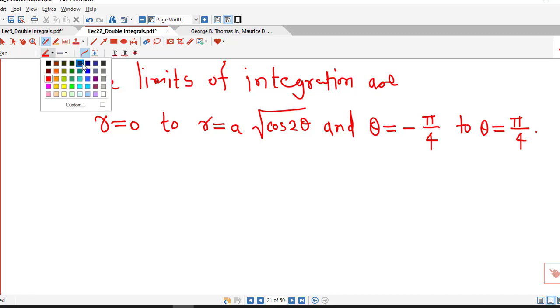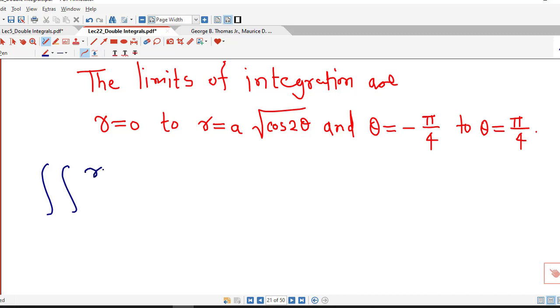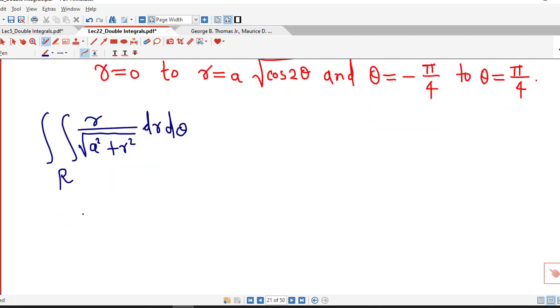So now we find the value of the given double integral. The given integral is r divided by square root of a square plus r square, dr d theta, over region R. So this is equal to the integral with limits of r from 0 to a times under root of cos 2 theta.